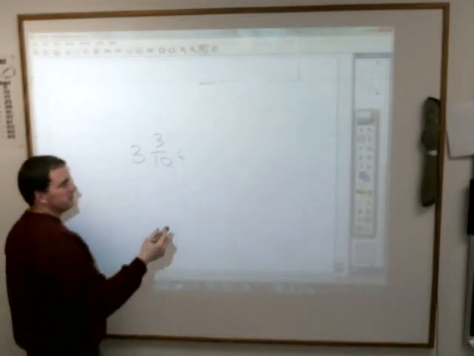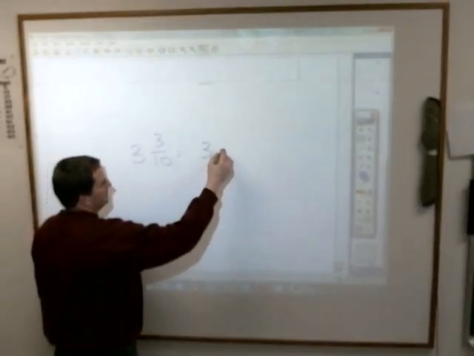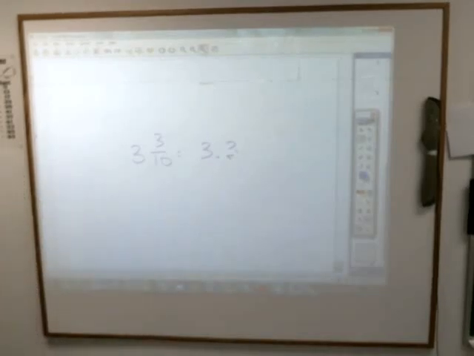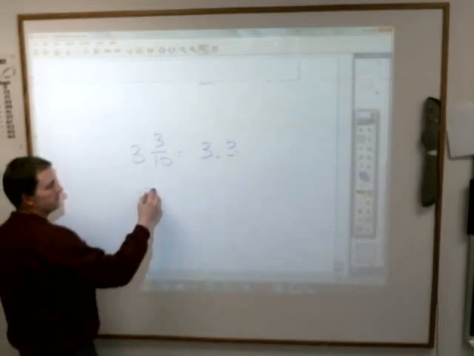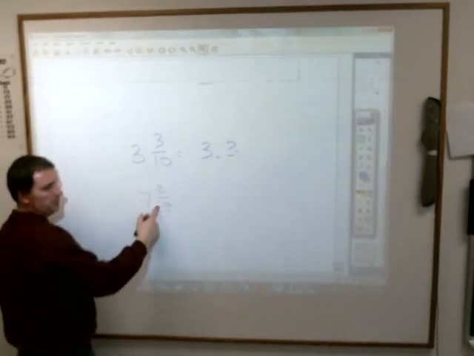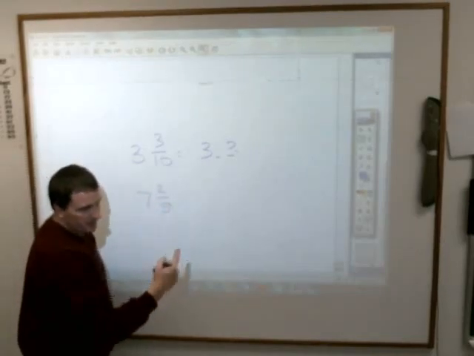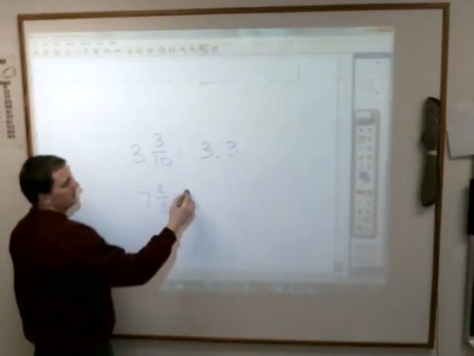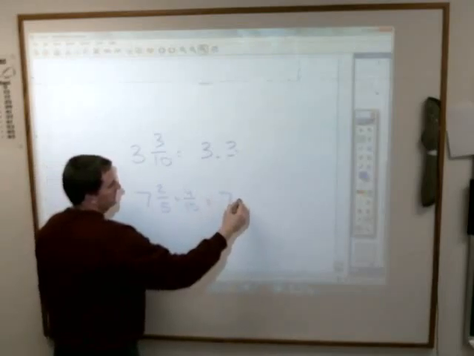What would it be as a decimal, DJ? 3.3. Then 7 2/5. Same thing is true, you should be able to change 2/5 into a decimal without all that division. 2/5 is how many tenths? It's the same as 4/10, so it's 7.4.